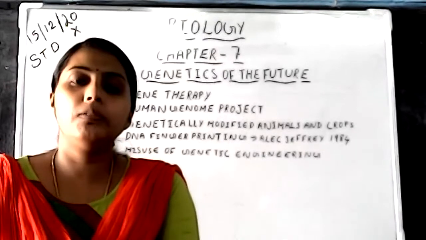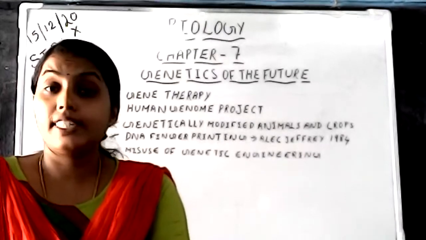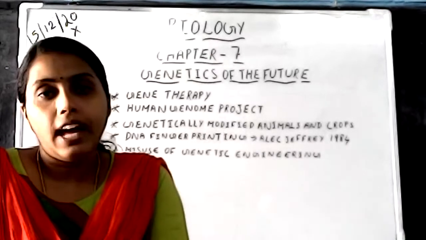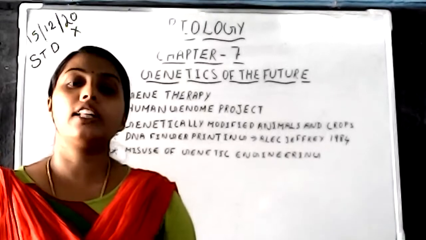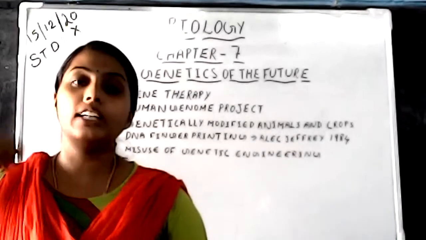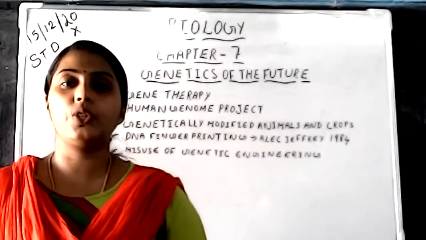Under laboratory conditions, that bacteria is allowed to culture or multiply. When it multiplies, the next generation of that bacteria also has the same genetic constitution.